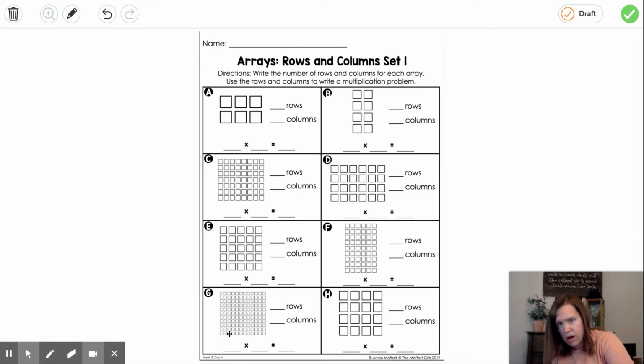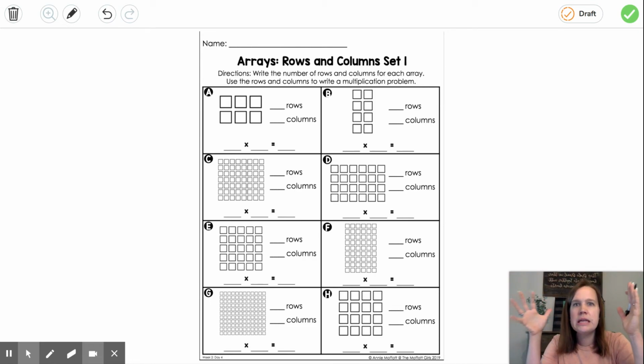Wow. 11 rows multiplied by, here we go. 1, 2, 3, 4, 5, 6, 7, 8, 9, 10, 11, 12. Oh my goodness. 11 multiplied by 12. That one's a really big number.